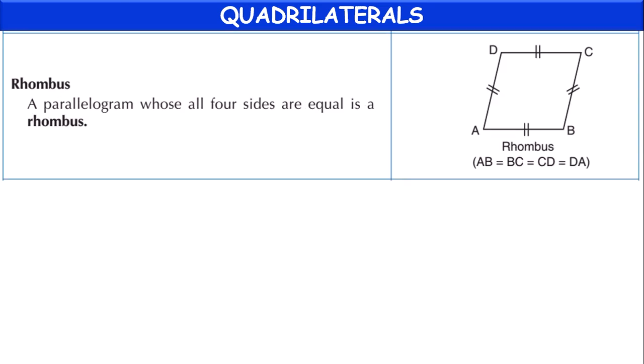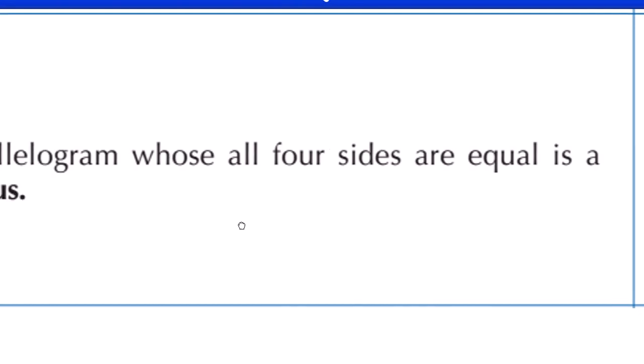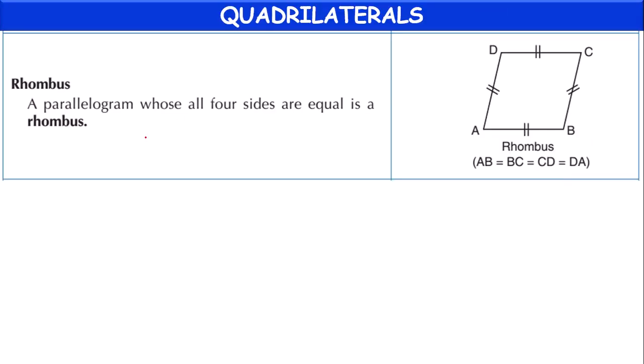So next, rhombus. Rhombus also a parallelogram. Parallelogram means both pairs of opposite sides are parallel. Rhombus is a parallelogram whose all four sides are equal.